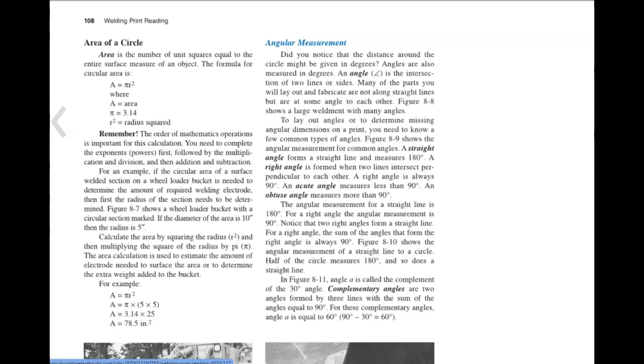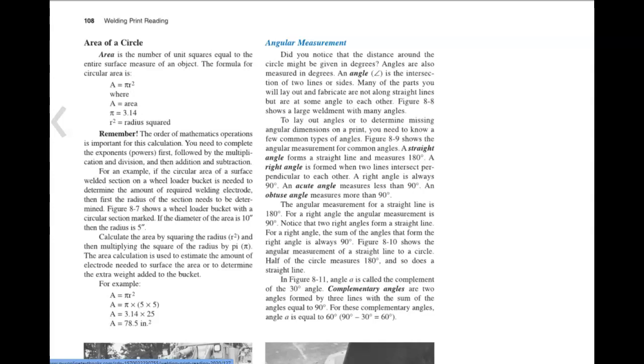If the diameter of this area is 10 inches, then the radius is equal to 5 inches. Calculate the area by squaring the radius and then multiplying the square of the radius by pi. The area calculation is used to estimate the amount of electrode needed to surface the area or to determine the extra weight added to the bucket.